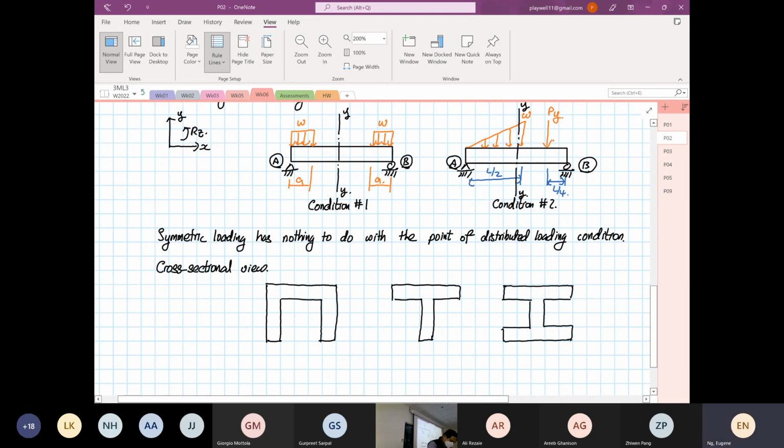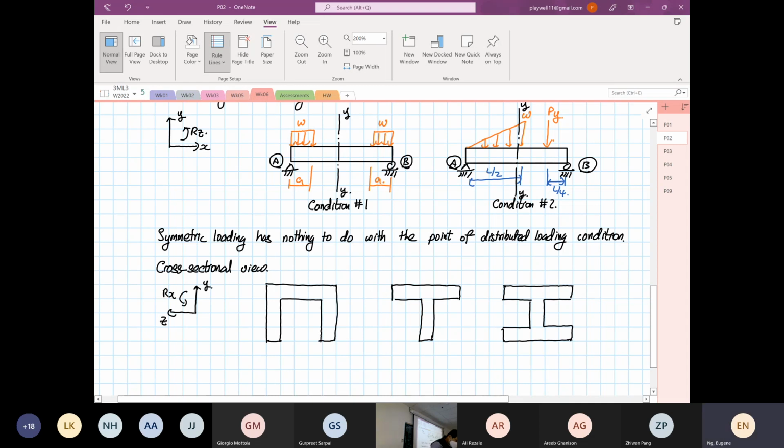Then I'm going to draw the transformation axes: y-axis, z-axis, rotation about x.